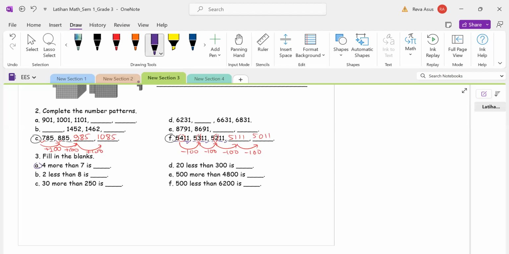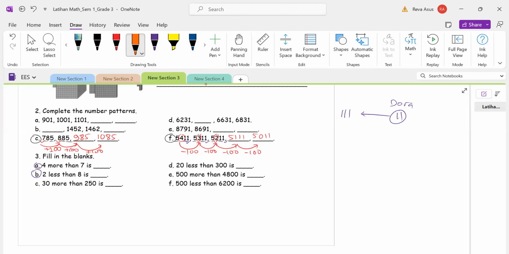For number 3, I'll answer A and B. For A, 4 more than 7 is what? Let's say I have 3 pens. And then Dora has 2 pens. Dora gave me all of her pens. So my pens is getting more.